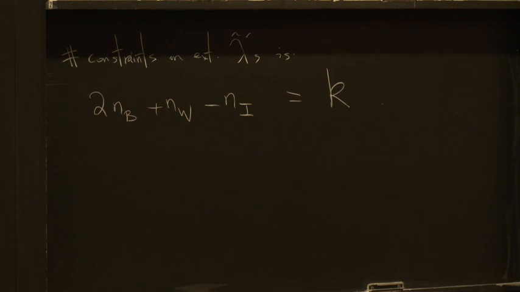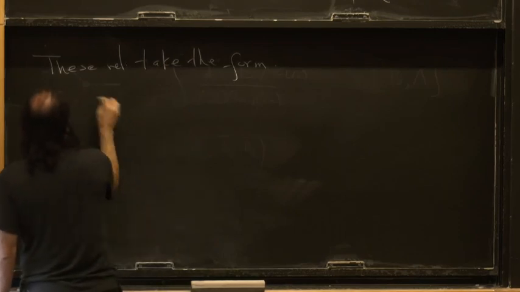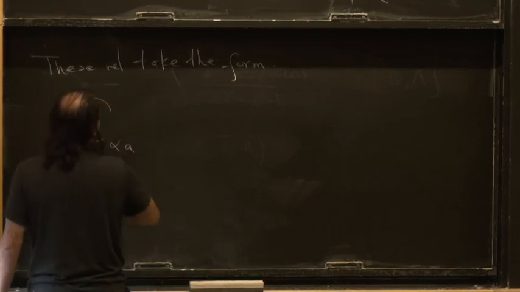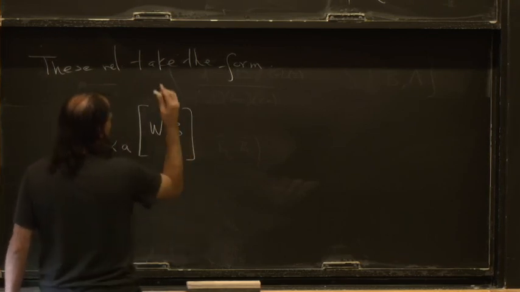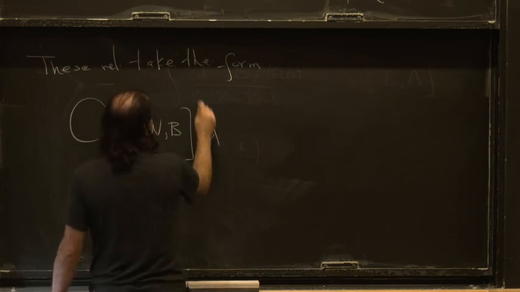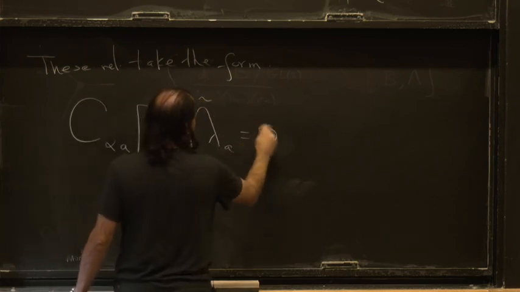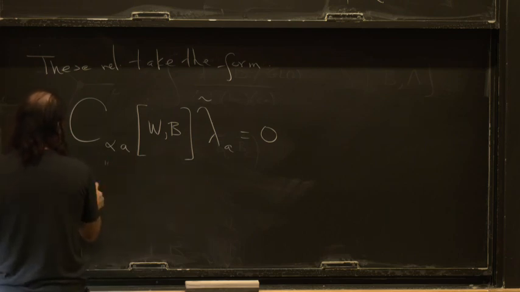These relations take the form, and we'll be more concrete in a second to write it in a canonical way, there's some matrix C alpha A that will depend on all these white and black variables. Okay, but there's some C alpha A, lambda tilde A is equal to 0, where alpha runs from 1 to k.